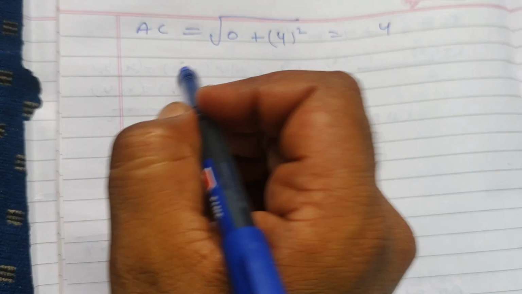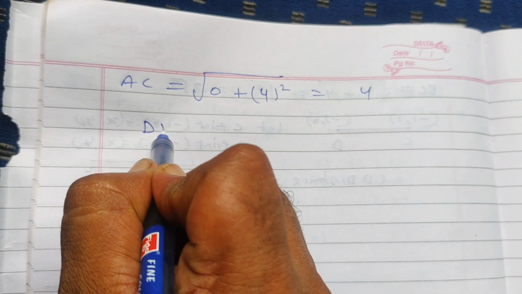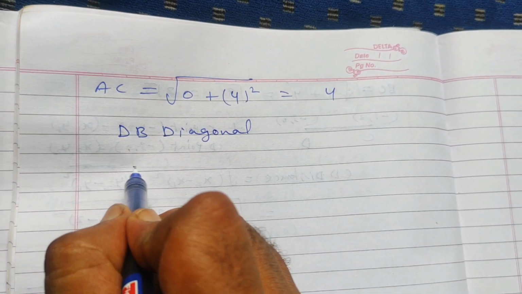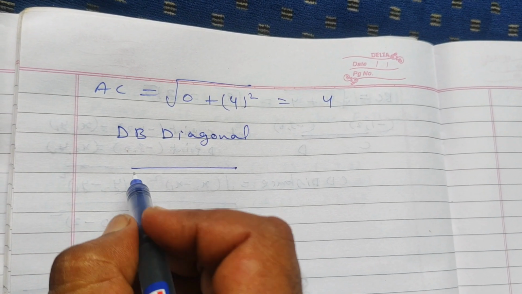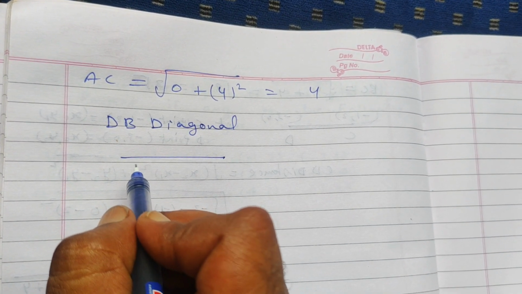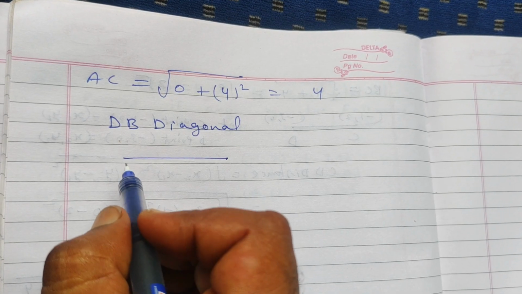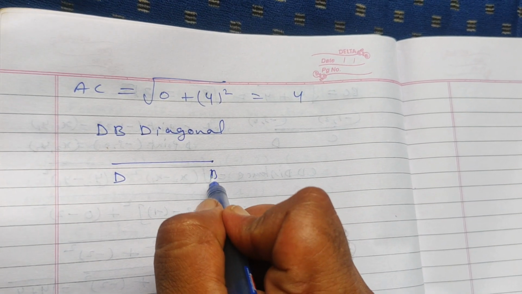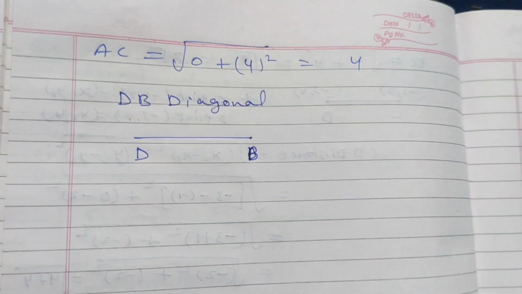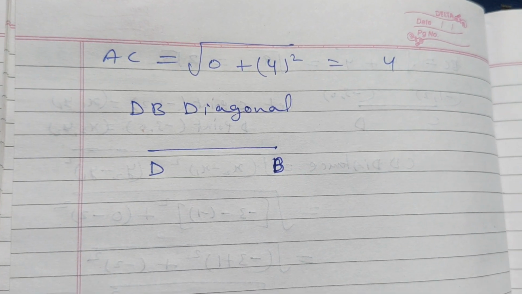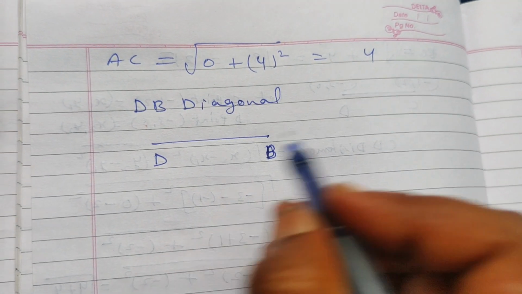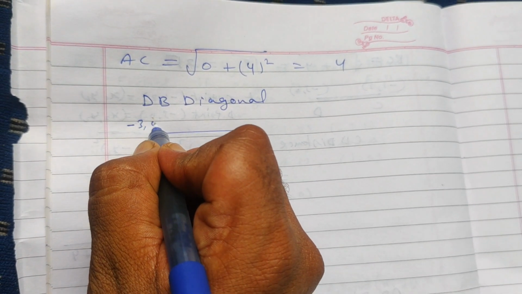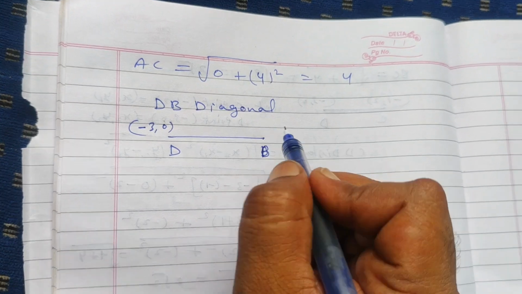Now we find the diagonal DB, with D and B being (-3, 0) and (1, 0).